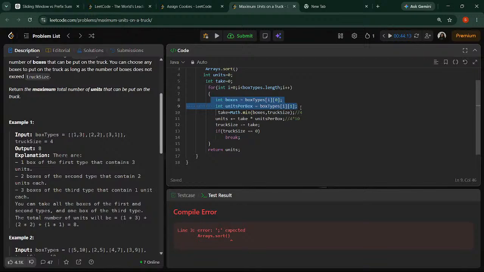So my units will be 1 into 2. That is 2, and I will be adding. My units will become 3 plus 3. Units will become 6, and I'll be minusing truck size. So truck size becomes 0 from here. And I got the output of 8.